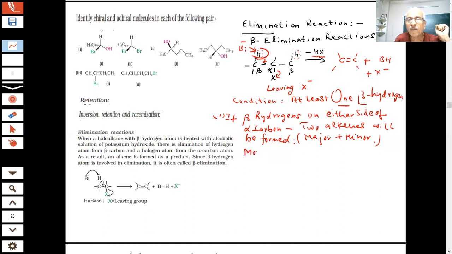Important point, students: more alkylated alkenes are more stable.